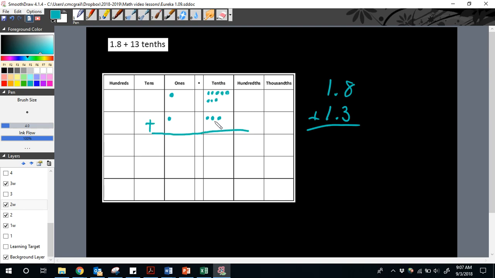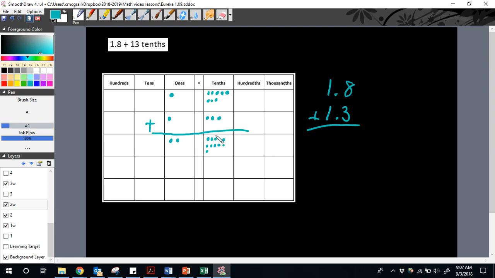I know that 8 plus 3 is 11. So I'm going to go 1, 2, 3, 4, 5, 6, 7, 8, 9, 10, 11. If you can, try to bundle them in rows of 5 because it makes it easier to bundle them into tens. And then I have 2 ones. So my answer is 2 ones and 11 tenths.